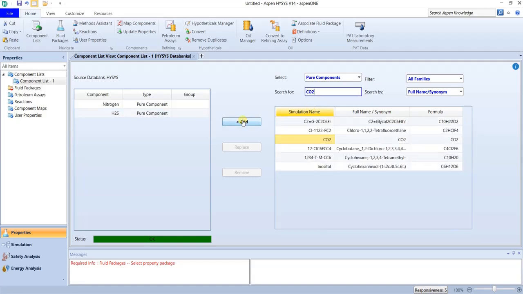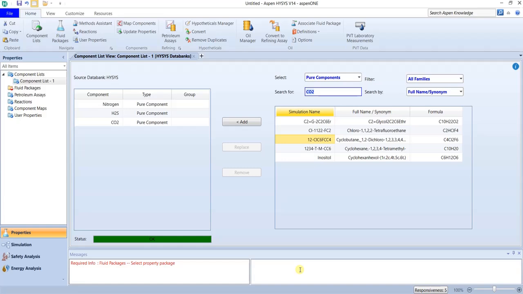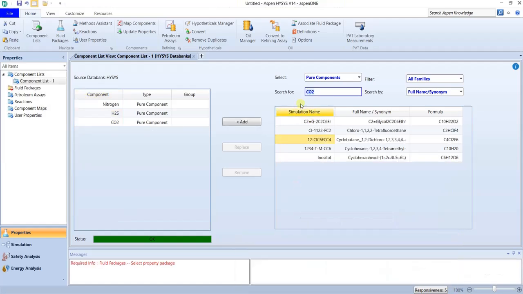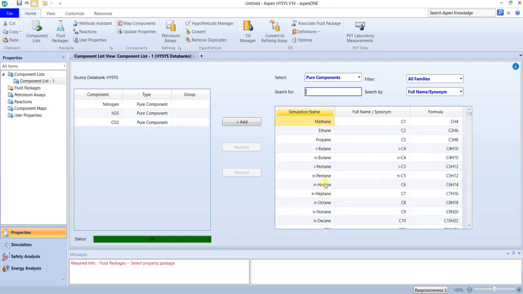Then we have the hydrocarbons that follow, from methane to N-hexane. Okay, I have mistakenly put in N-hexane. I want to copy all of them at once.